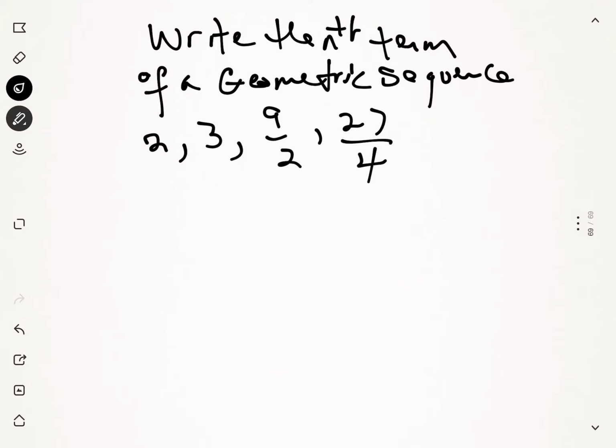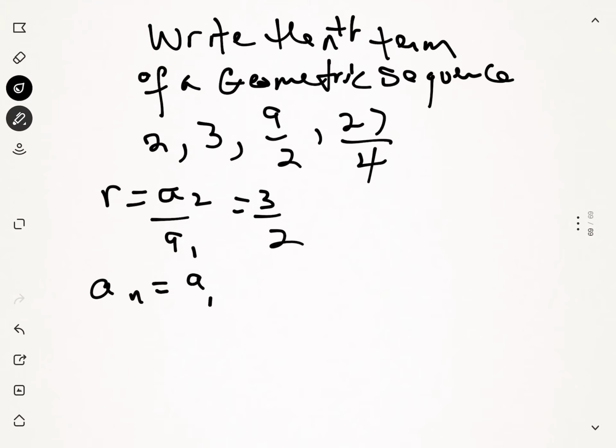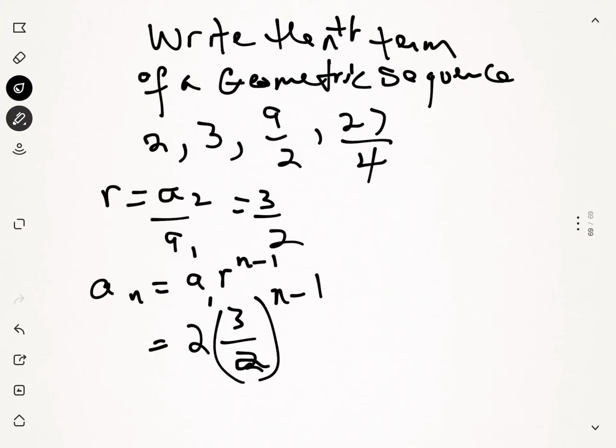So the first thing we have to do is find out what our common ratio is. So there's 3/2. So the nth term, and there it is.